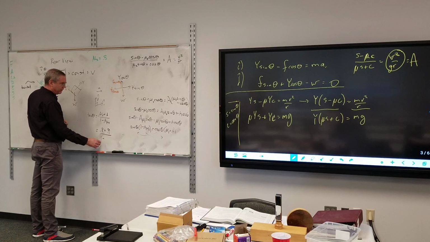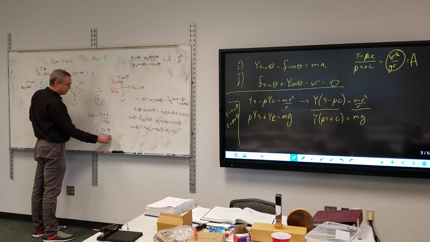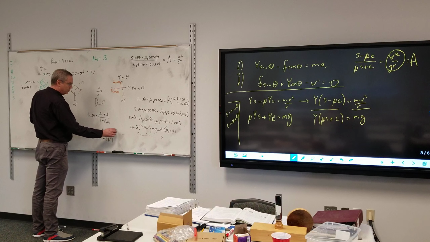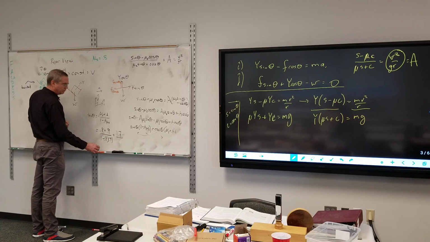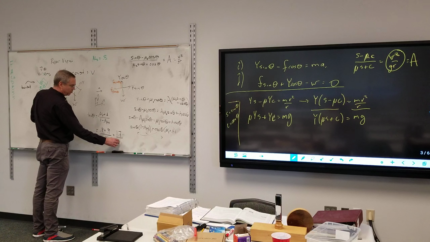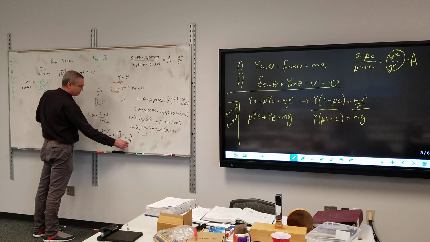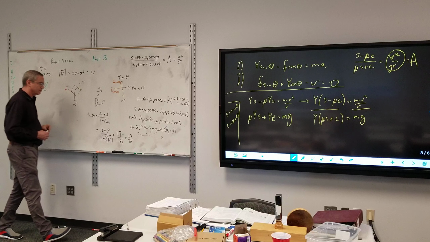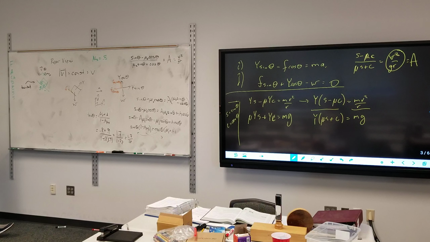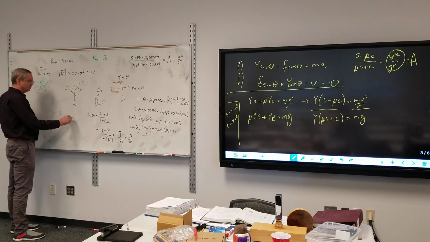Over 1 minus 0.8 times 0.9, which is 1.7 divided by 1 minus 0.72, 1.7 over 0.28. 80.65 degrees.